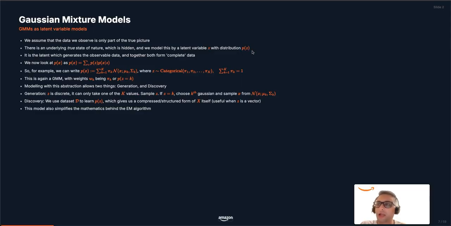All I'm saying is that there is some underlying true state of nature, and I am modeling it like this. Somebody else may probably model it in some other way. What I am saying is that the underlying state of nature is a discrete variable z, and it has a distribution p of z.